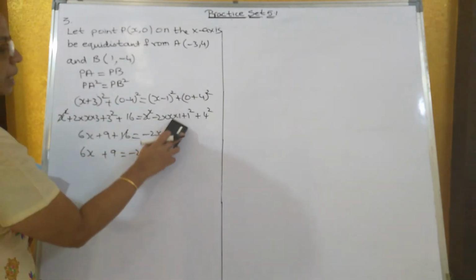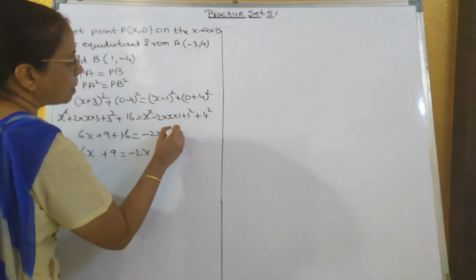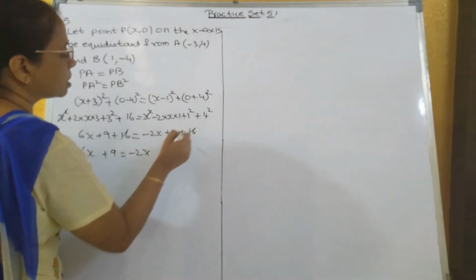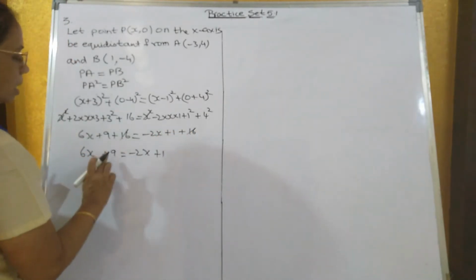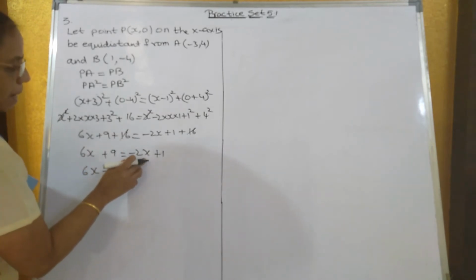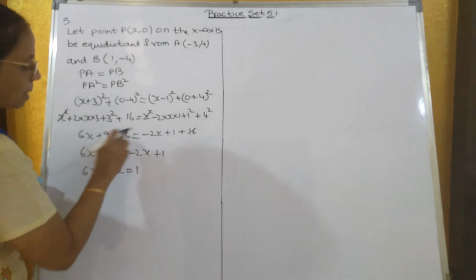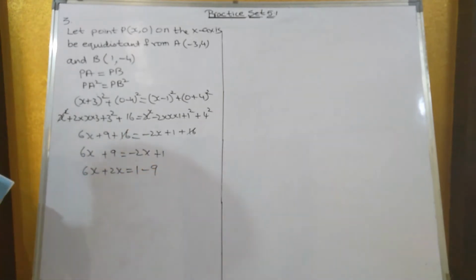I have not taken 1 plus 1 the whole square. So plus 1 plus 16. So 16 will get cancelled, plus 1. Take the 9 to the other side. 6x minus 2x, when you bring it to this side, it will become 2x, 1, and plus 9 when it goes to the other side will become minus 9.